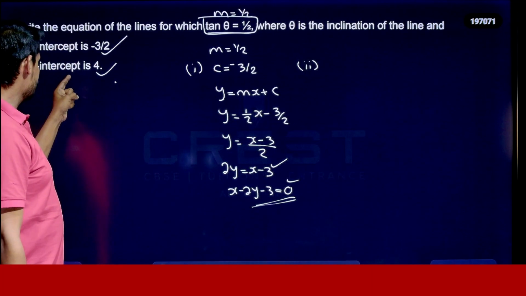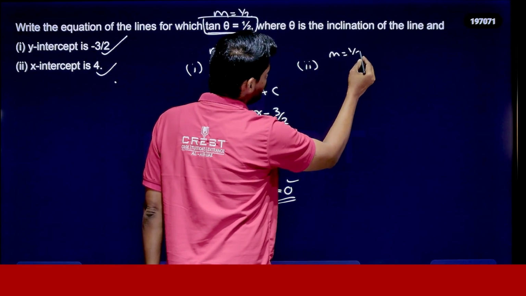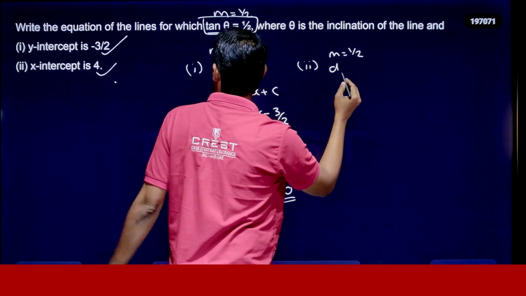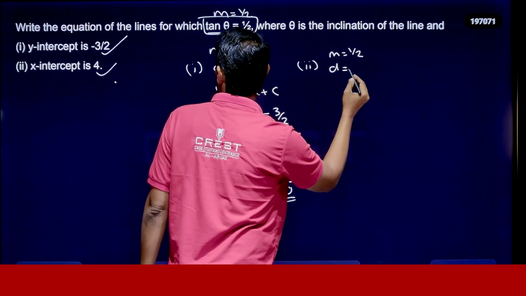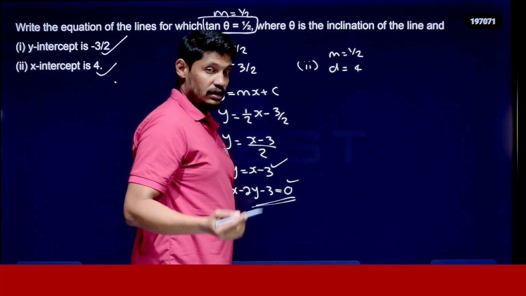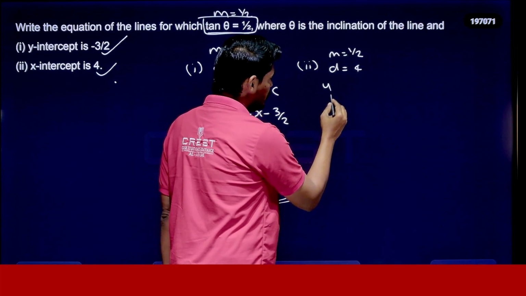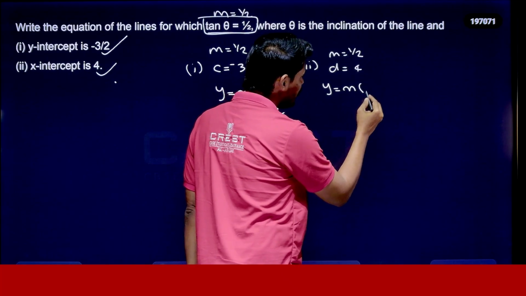X-intercept is d. M is given, m is always 1/2. M is common for both. X-intercept d is given, d is actually 4. So for x-intercept, the equation is y equal to m into x minus d.